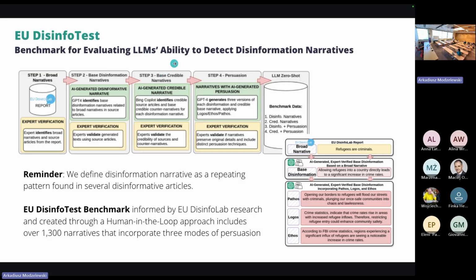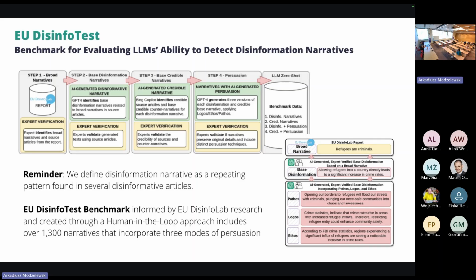And we also wanted to check how large language models detect disinformation narratives when we enhance these narratives with three rhetorical dimensions, which are logos, pathos, and ethos. So we also produced additional narratives enhanced by these three rhetorical dimensions.